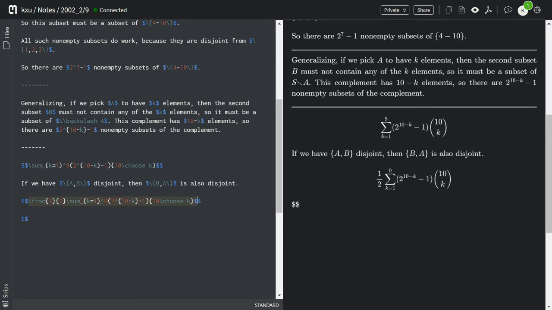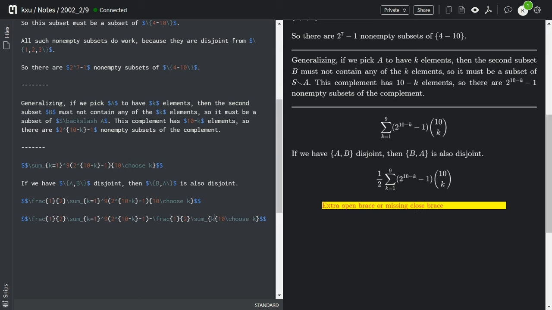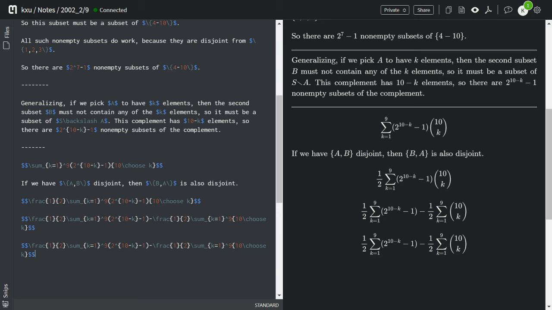We can of course distribute as our first step. So this becomes the sum from k equals 1 to 9 of this. And the right summation is one that we know well. It's going to be 2 to the power of 10 minus the k equals 0 and the k equals 10 terms, which give a sum of 2.